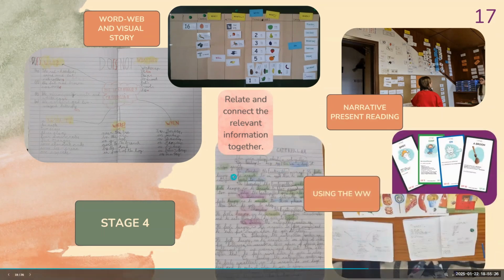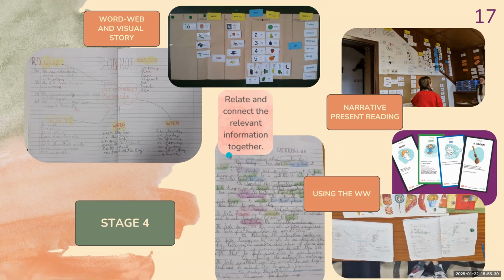And this is how they then write the story. The introduction is usually what we put together, as you've seen in the film clip, on the board. If they want to change that introduction, they can do that. And we have the conclusion written on the board. And the middle part is what is on the wall. What is practiced orally, they simply write down.